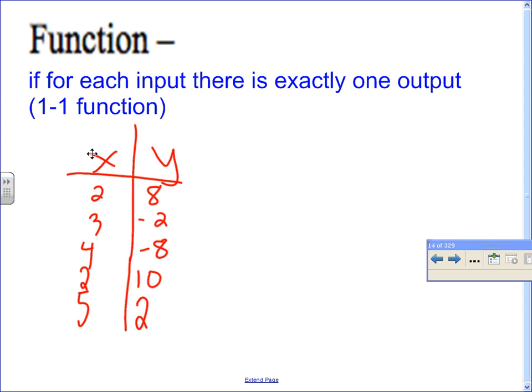Anyone thinking no and want to explain why? I'm surprised I actually caught you guys on something here. Breyer? No, it's not a stem and leaf plot. It's a table. These are X's. These are Y's. Justin?